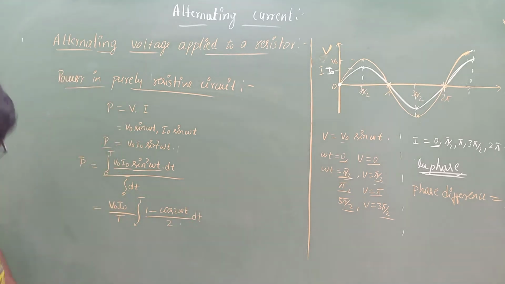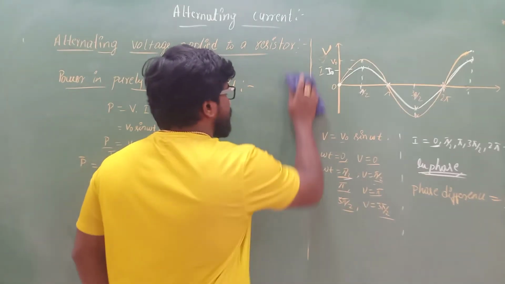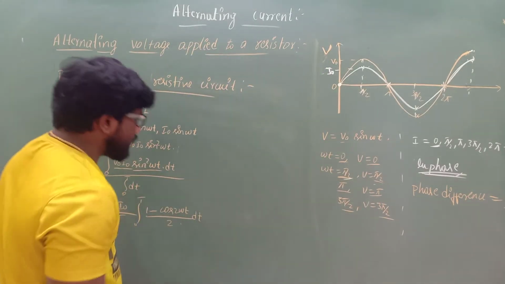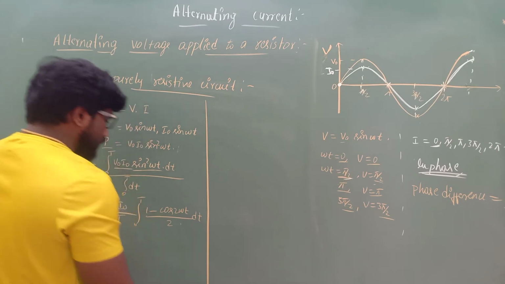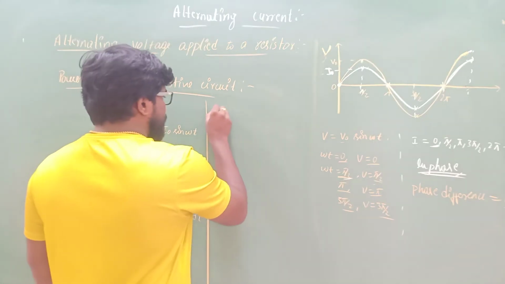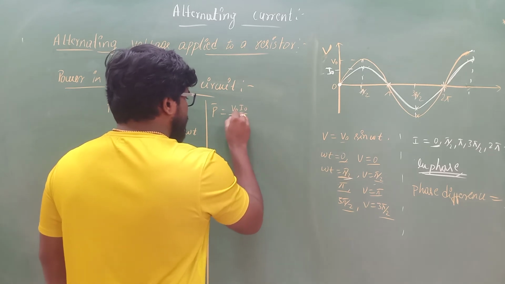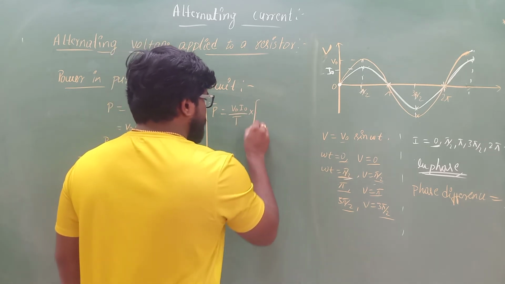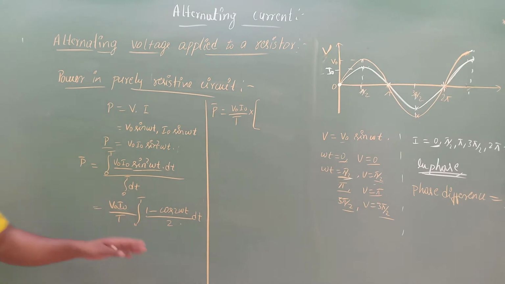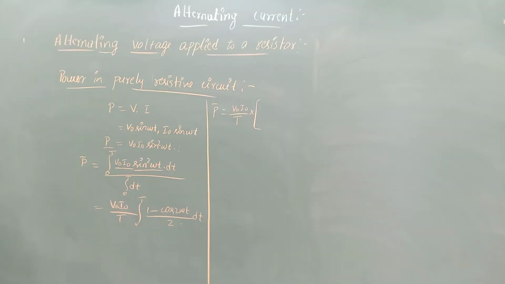Then P bar is equal to V naught into I naught divided by T into... I am not going to derive it completely, so I'll take the direct result.